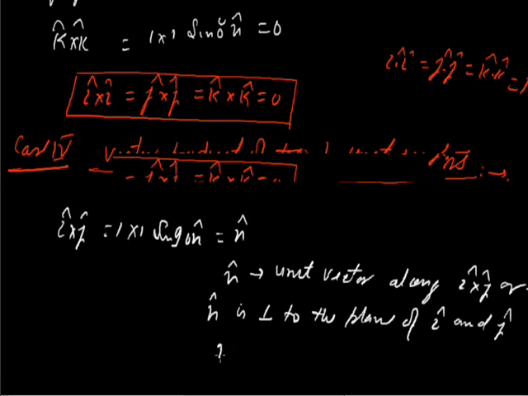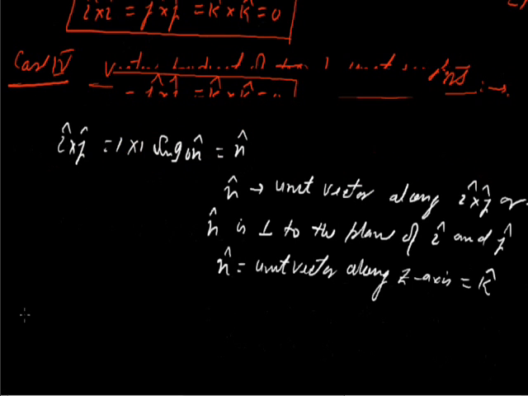So n cap is the unit vector along the z axis, that's k cap. Or we can also write i cross j is k.